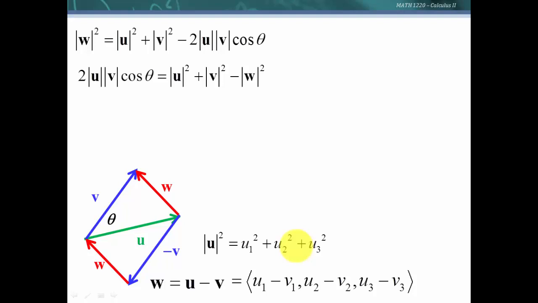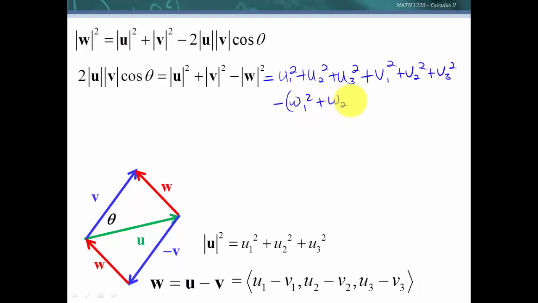So let's replace this right-hand side with the various pieces that we have here. So first of all, we have this magnitude of u squared, so that would be u1 squared plus u2 squared plus u3 squared, and then plus the magnitude of v squared, so that's v1 squared plus v2 squared plus v3 squared, and then minus w1 squared plus w2 squared plus w3 squared. Okay, and so this negative will apply to each of these components.